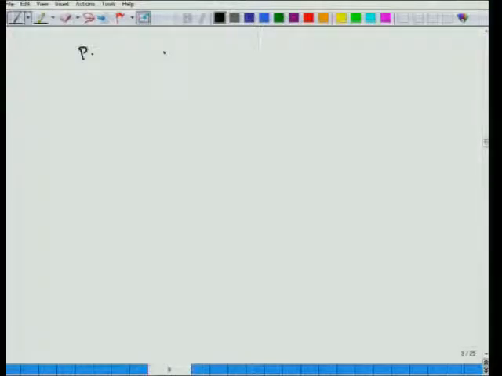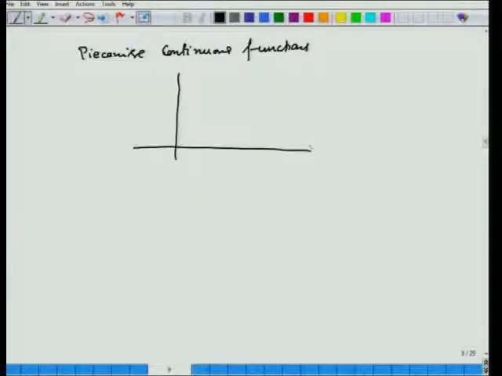So we have a piecewise continuous function. These are functions where the left and right limits exist in the interval like this, x1 to x2.